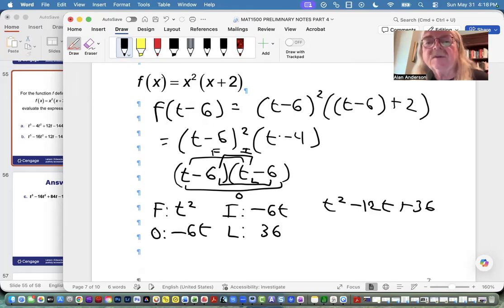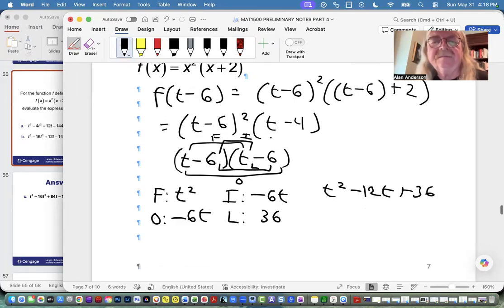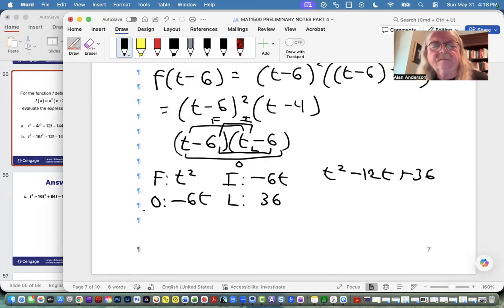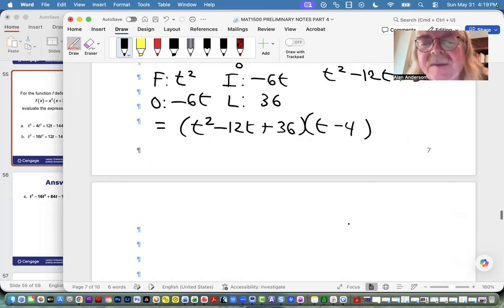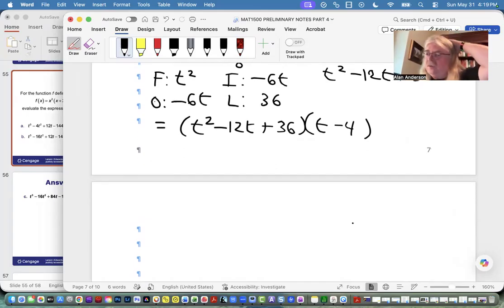Now that all gets multiplied by t minus 4. Now this one can't be done with FOIL because the first expression has three terms in it. Now this is where it gets interesting.